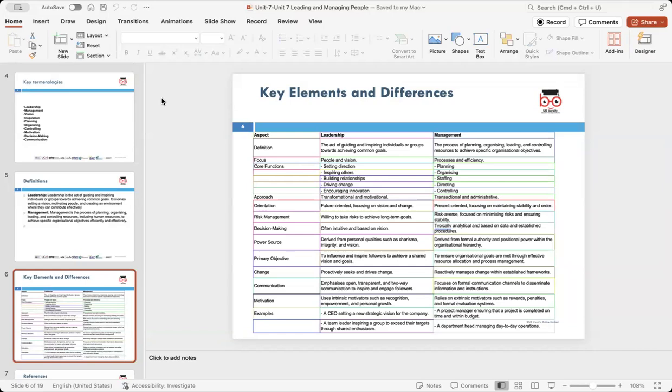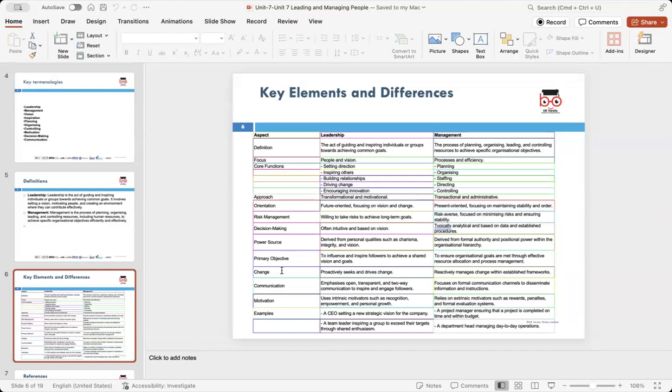Decision making: leaders often rely on intuition and vision, while managers depend on data and procedures. Source of power: leaders gain influence through personal qualities like charisma and integrity, while managers gain authority through their formal position. Then change: leaders drive and initiate change, while managers manage and adapt to change.